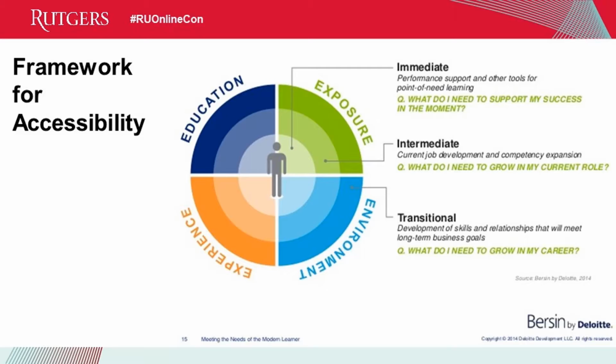Sure. So as you look at the quadrant, I call them the four E's, right? Education, exposure, environment, and experience. So what do we mean by education? Education, we address the audience at the point where they are, right?